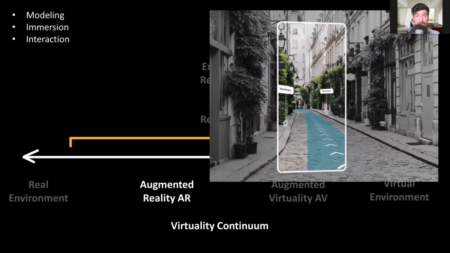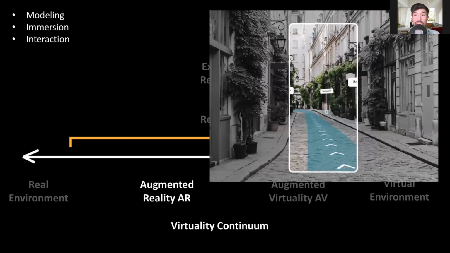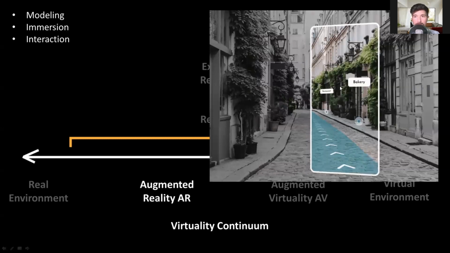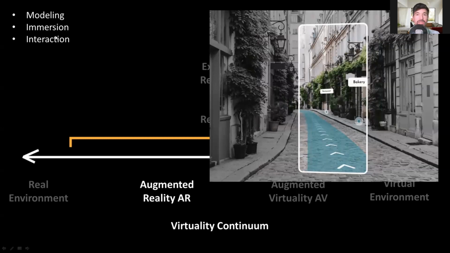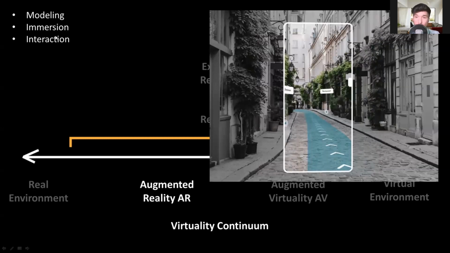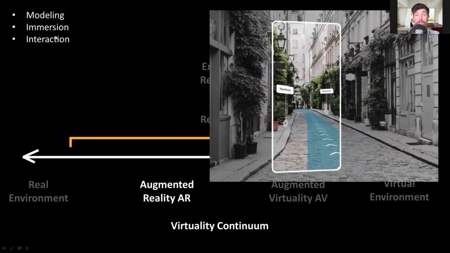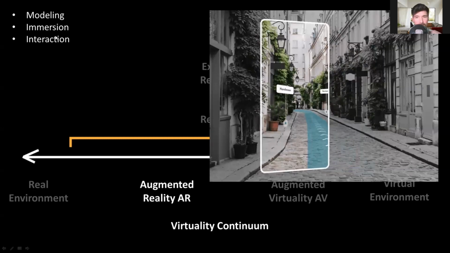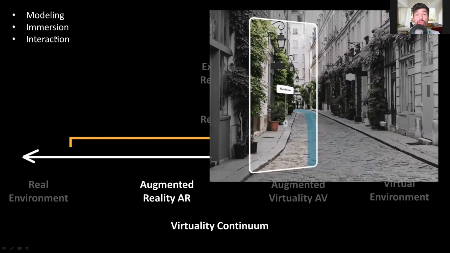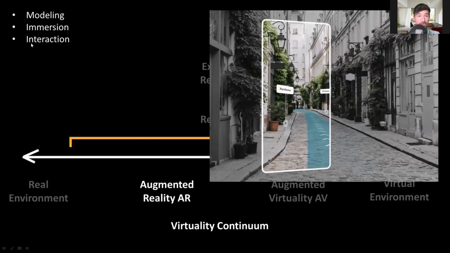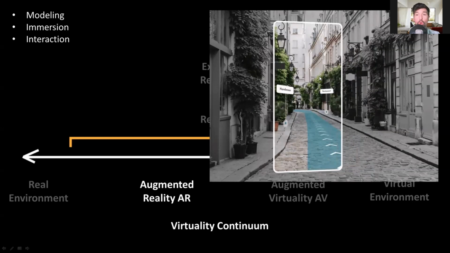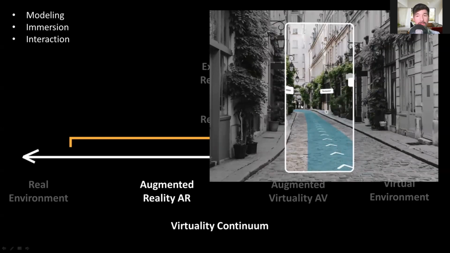So we're getting extra information, like the extent of world knowledge is enlarged in this case. We have some modeled elements with texts and directions. The immersion is not that high because when we look at this image, we don't believe that we are there, neither do we have to. This is just an augmented reality app. It's giving us more information, but we have zero interaction with this augmented reality part.